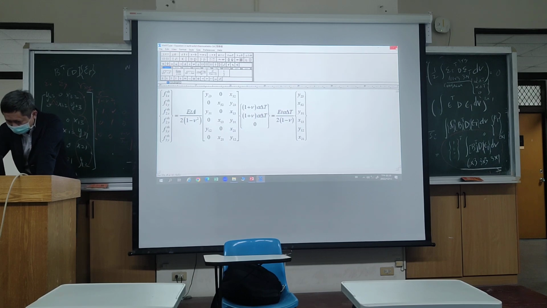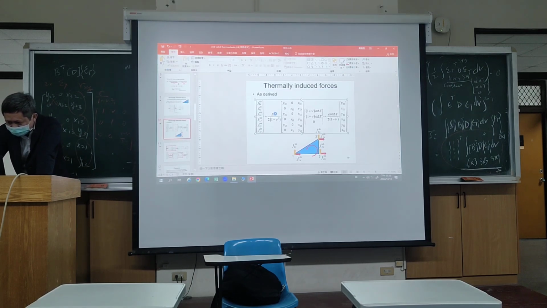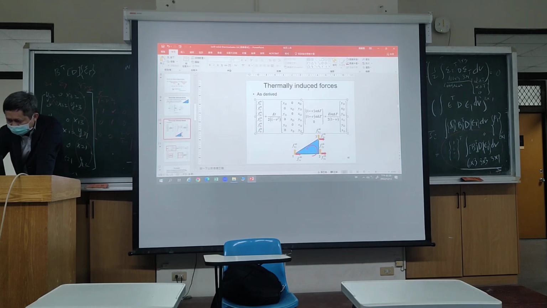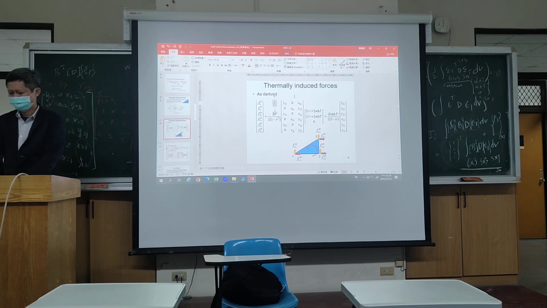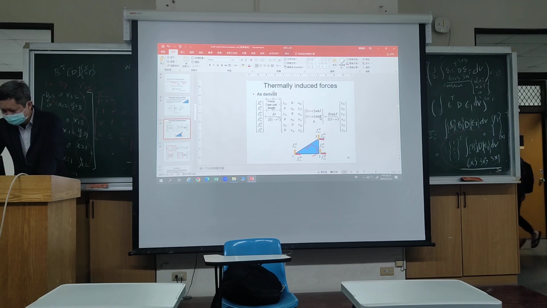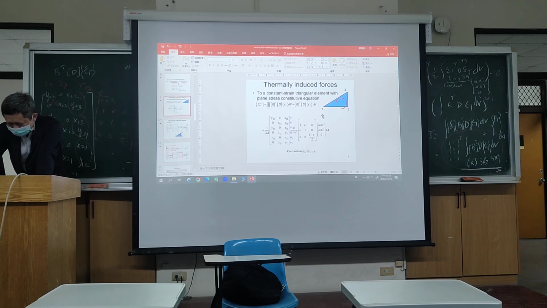Could it be A or not? Okay, this is per unit length. So I put it here. Okay, this is a force per unit length. So you don't multiply A, okay?